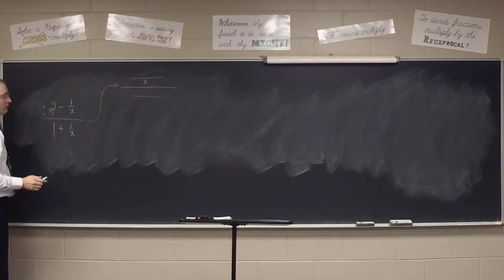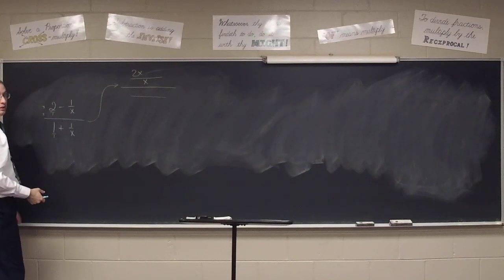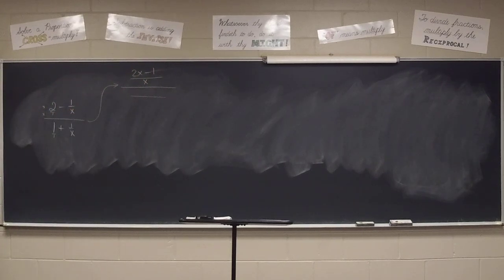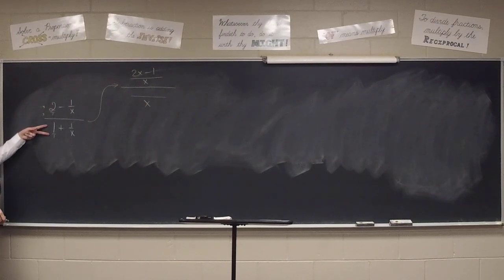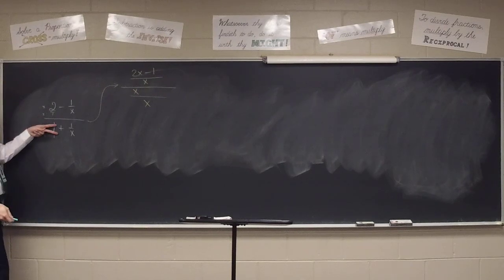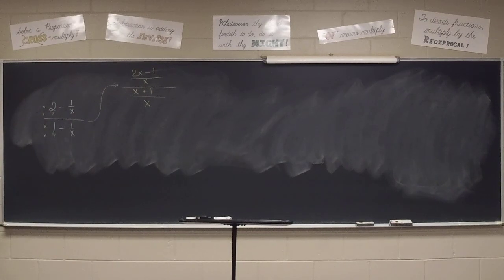All right, in the denominator, Brecken, what do I put under the fraction bar? What do I gotta do here? Just put the 1, right? It's already good to go.